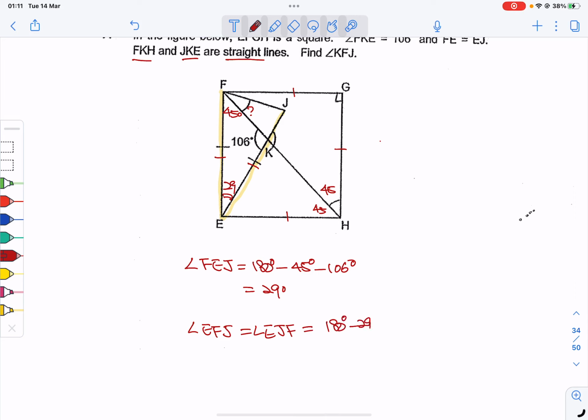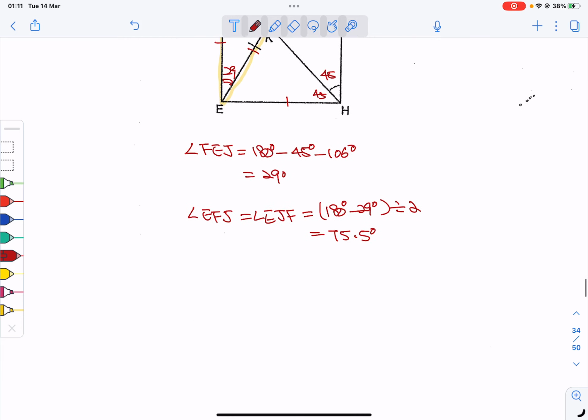Take away the 29 degree on top and divide by 2. Okay, so we have 75.5 degree. Means here is 75.5. The other side also 75.5.